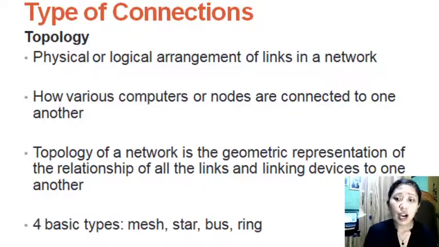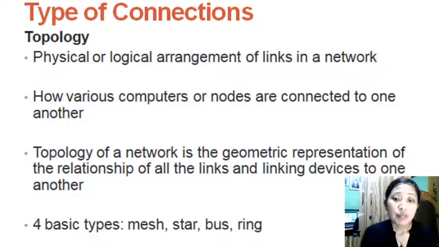Logical means how the different devices are going to communicate with each other. Physically they may have been connected in some way, but logically they communicate in some other way, so this can happen.